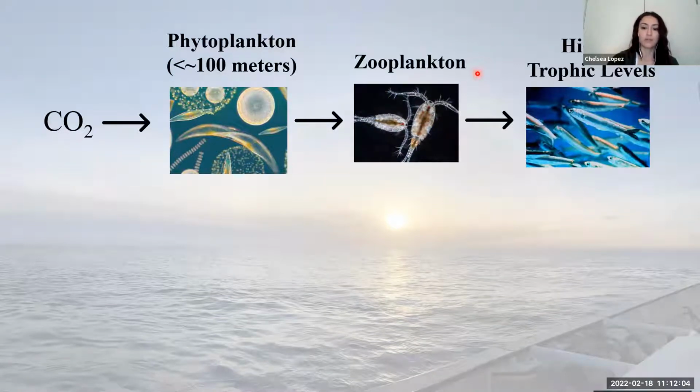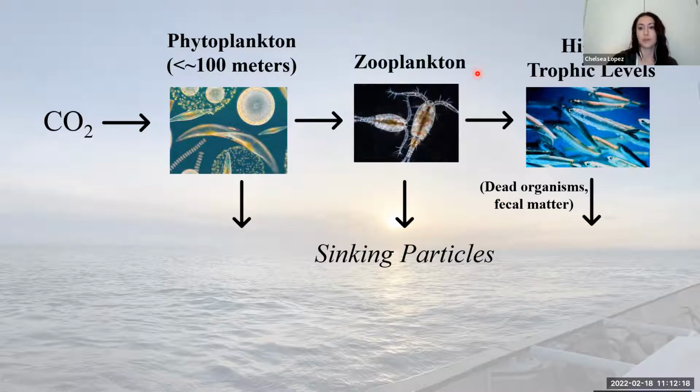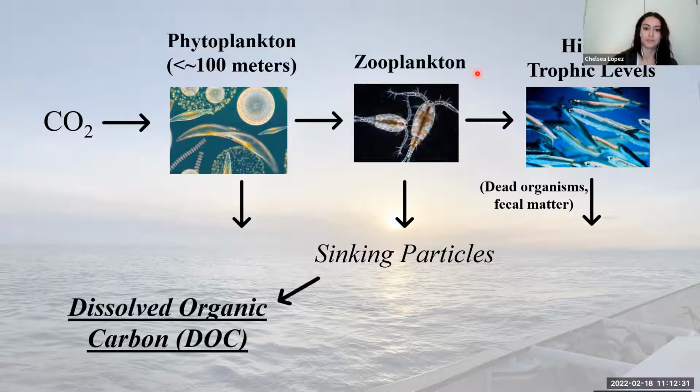When you have nutrient-rich areas, oftentimes you have larger phytoplankton, you have more of them, and they transfer carbon into larger and larger trophic levels, and that's important. Those carcasses and their fecal matter are heavy and they sink. So when you have higher trophic levels and a lot of carbon, you're going to get more particles, and they're heavier, so they can reach the deep ocean quickly.